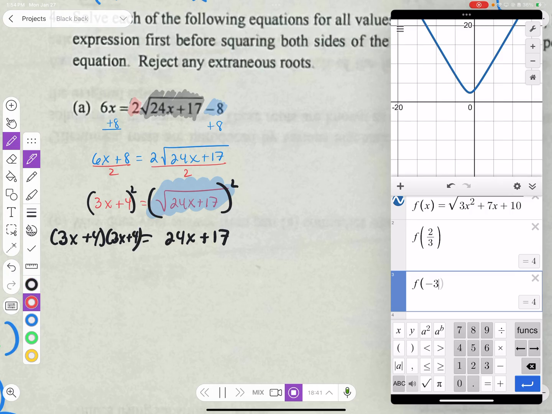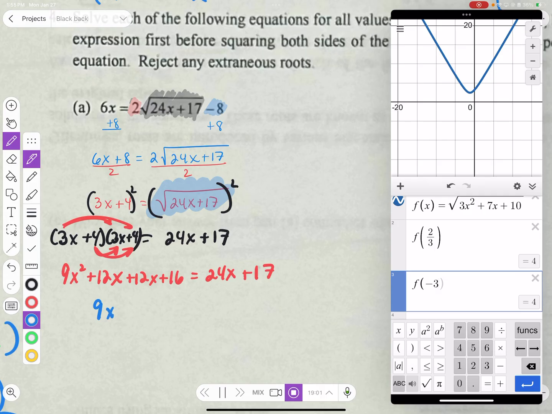Right, so I'm just doing what the math tells me. It says multiply those two. Multiply those. Multiply those, another 12x. Multiply 4 times 4. And there's my right-hand side again. Now this left side that I just multiplied, you can do a little cleanup, like terms there.